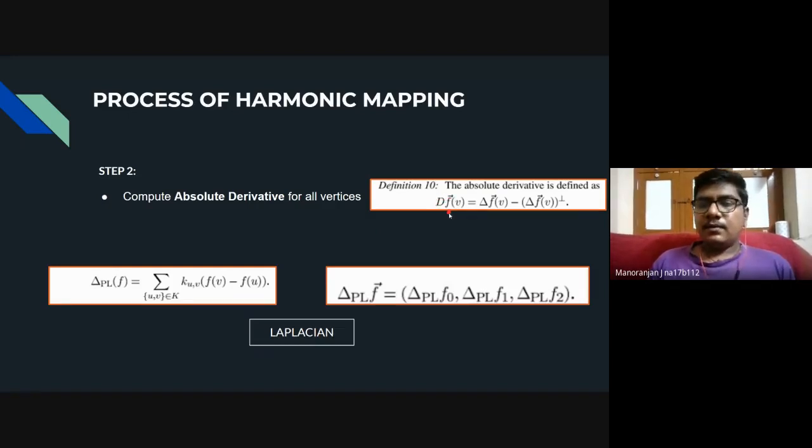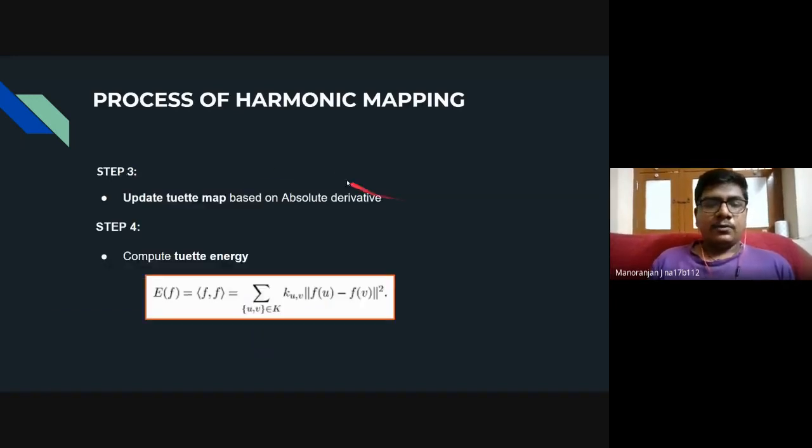When the algorithm successfully takes out the overlaps, this absolute derivative will be very small, and you won't see much difference. And this is when we'll be stopping the iterative procedure as well. This is what was mentioned in the previous slide.